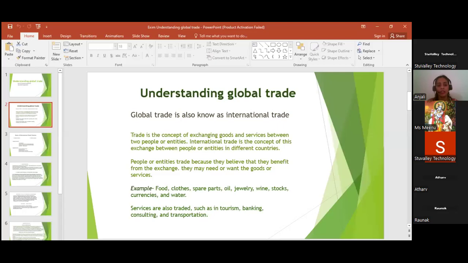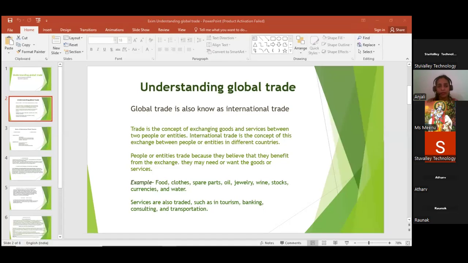People or entities trade because they believe they benefit from the exchange, maybe out of need or want of goods or services. So what is international trade? Trade is exchanging goods and services between two people or two countries.